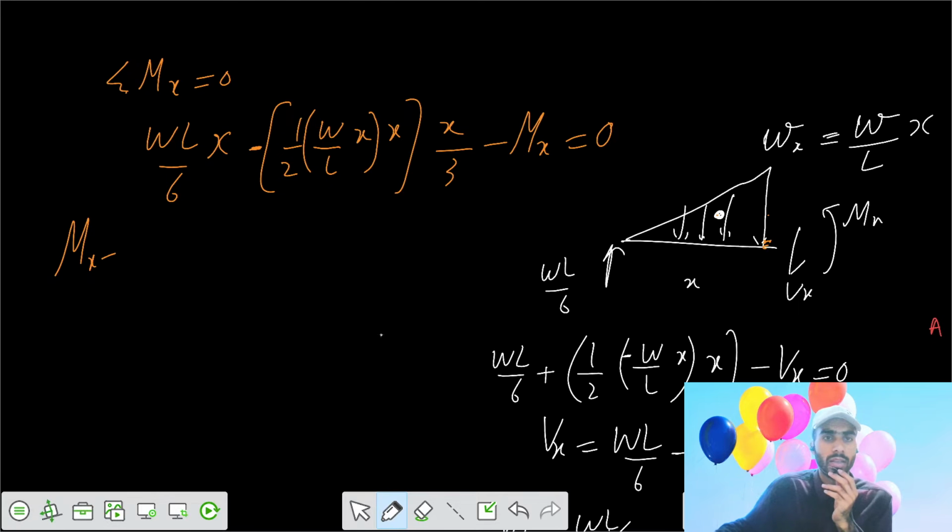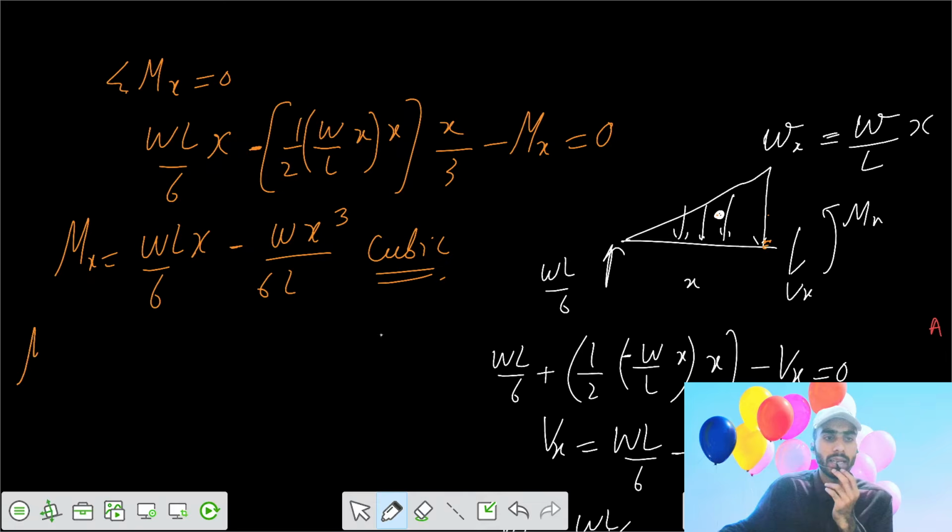So your moment x becomes WL by 6 x minus Wx cube by 6L. So your variation of that bending moment is a cubic variation.